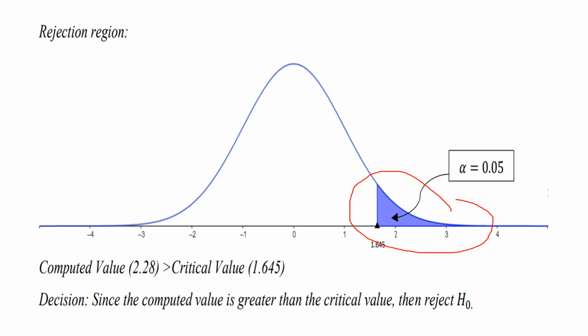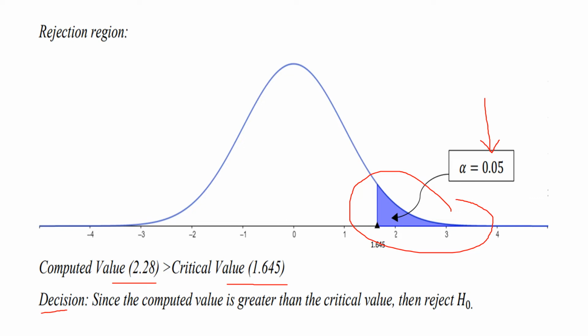Now, from the computation using your formulas, our Z value or the computed value is 2.28, and the critical value for your alpha from your right tail, which is 0.05, based on your level of significance, is 1.645.